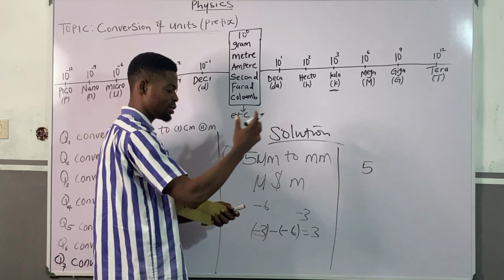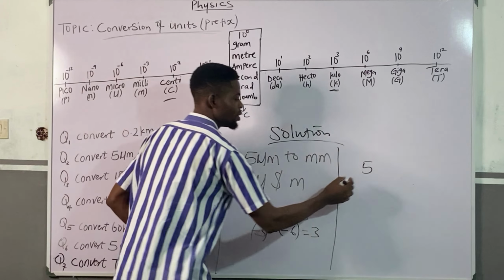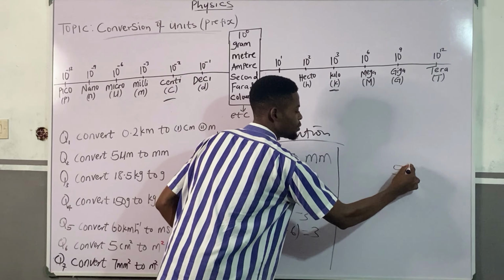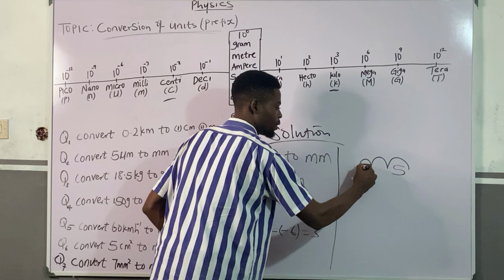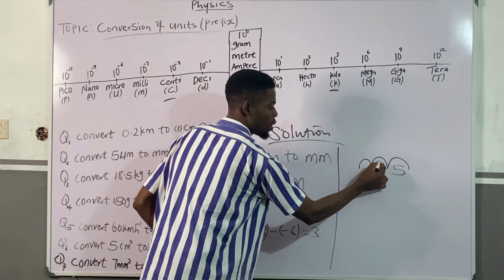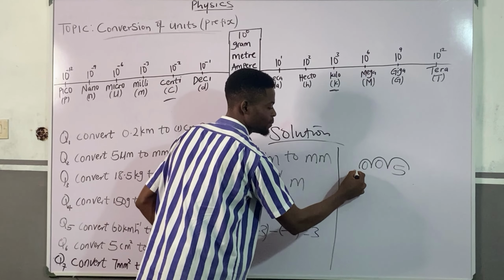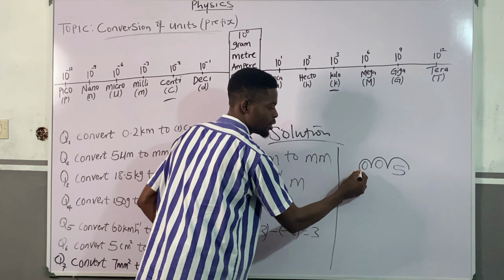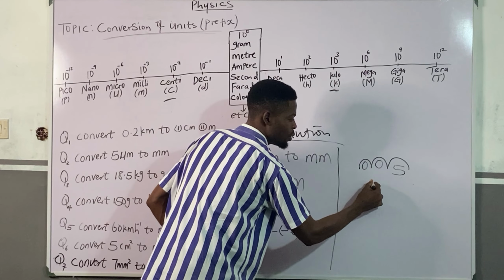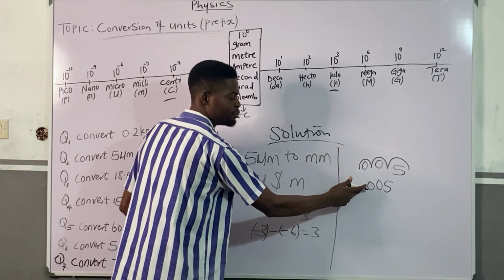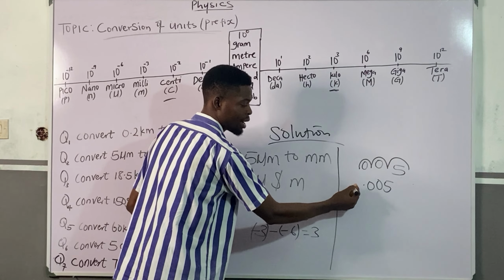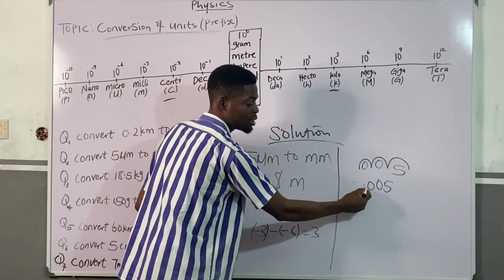So you take the value given to you, 5. We are moving toward the left 3 times. So we have 1, 2, 3. Then all these spaces here are for 0. You have your full stop here. So you have 0.005. And you should know that when you have a decimal point, you have an invisible 0 before the decimal point.